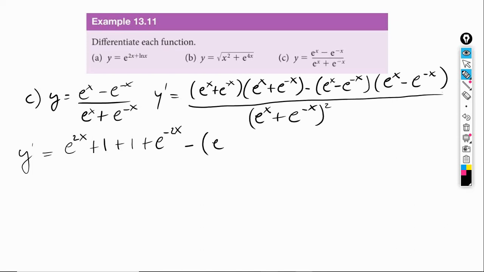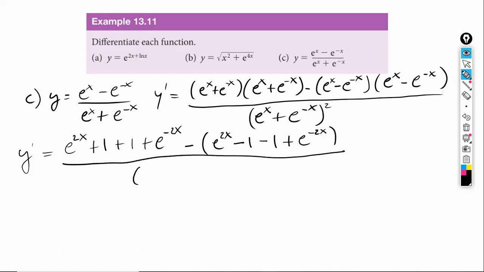This is going to be e to the power of 2x, minus e to the 0, so minus 1, minus e to the 0 again, so 1, and plus e to the power of minus 2x, and then all of this over e to the x plus e to the minus x squared. We're going to leave this always like that.